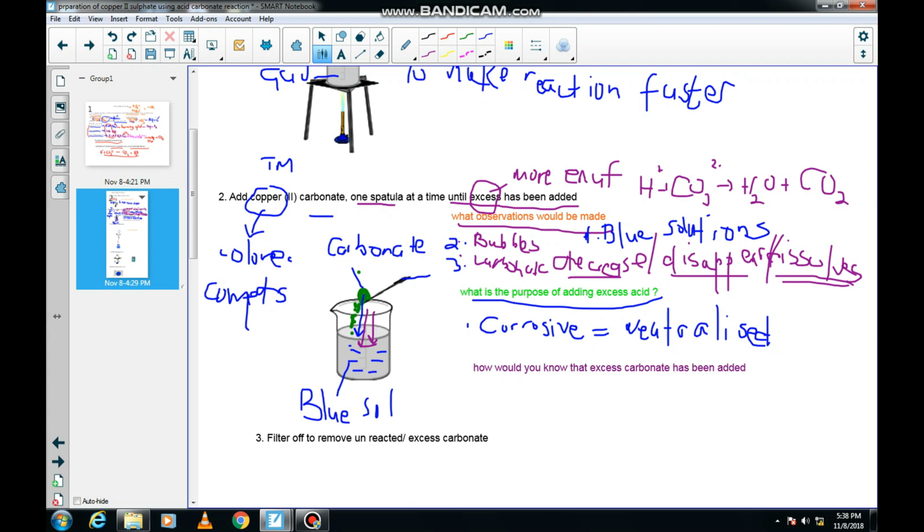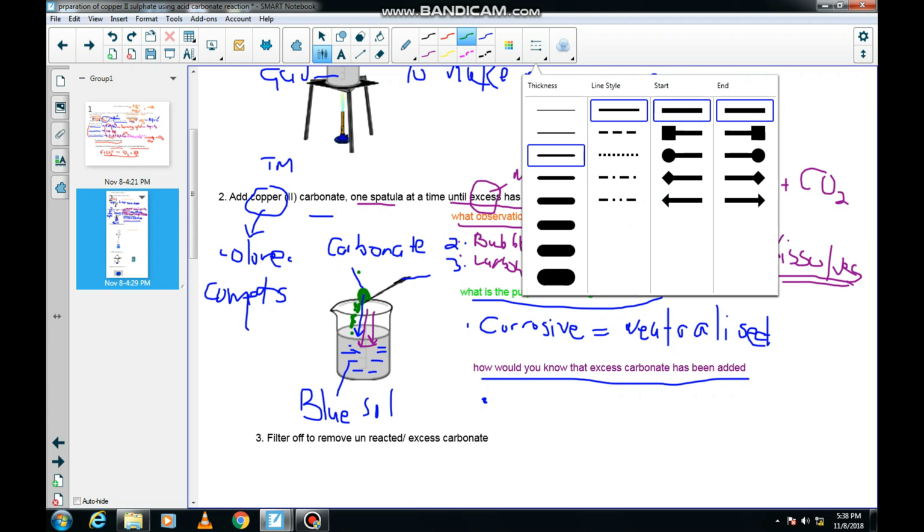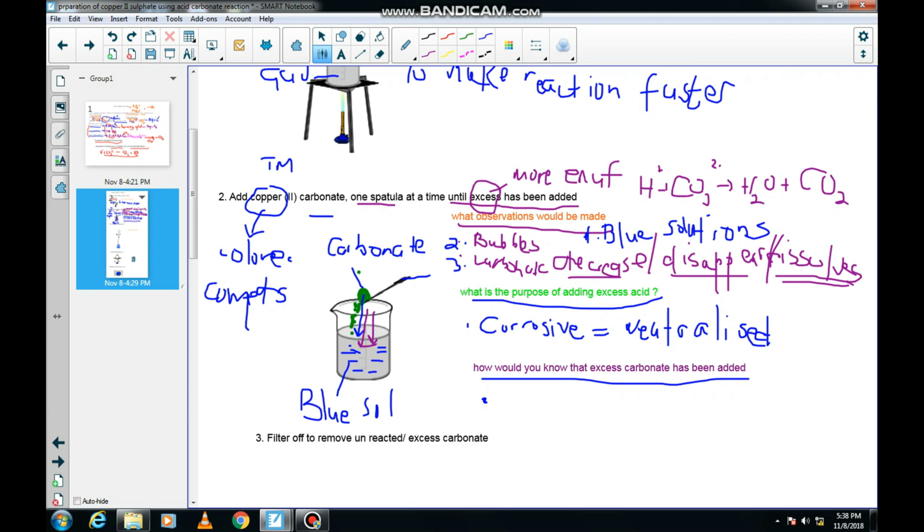And how would we know that we have added excess carbonate? We would know when we observe that the reaction has come to an end, but we still have some carbonate in the solution.